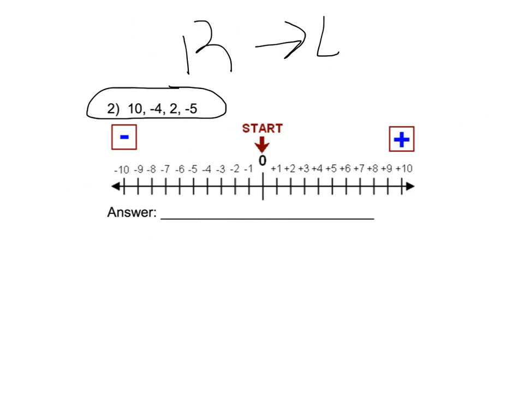So I'm going to go through and circle. I have 10, -4, 2, and -5. So if I start at the right with my biggest number, I have 10, 2, -4, and -5.